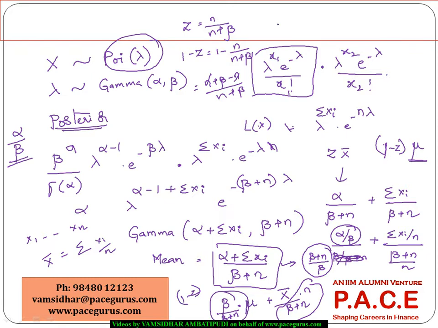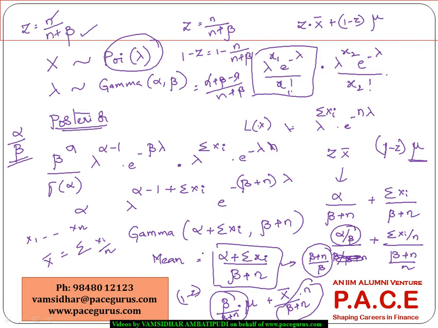So it is actually getting written in the form of a credibility estimate, Z times x bar plus 1 minus Z times mu, where Z comes out as n by n plus beta, where beta is an estimate from the prior distribution, and n is the number of years of data that I am typically collecting from my historical, right?